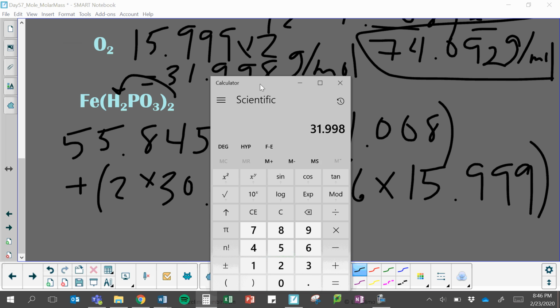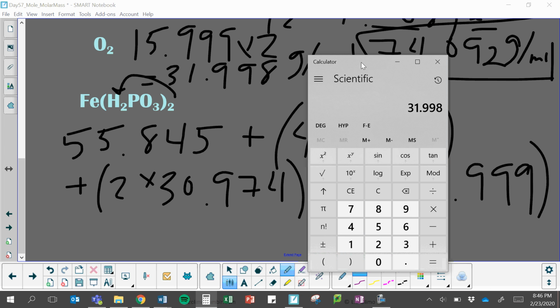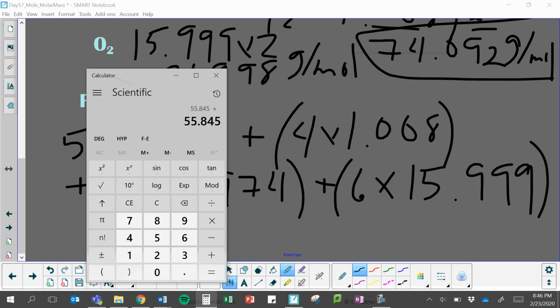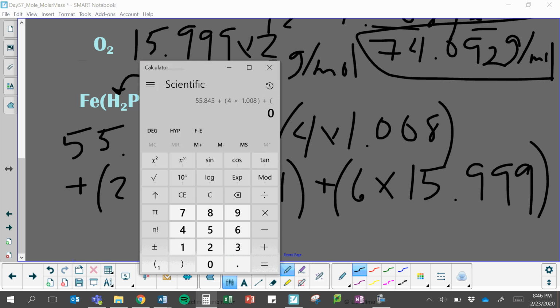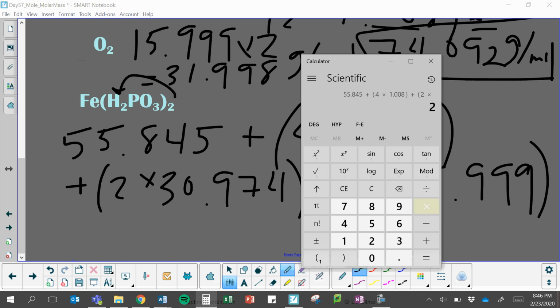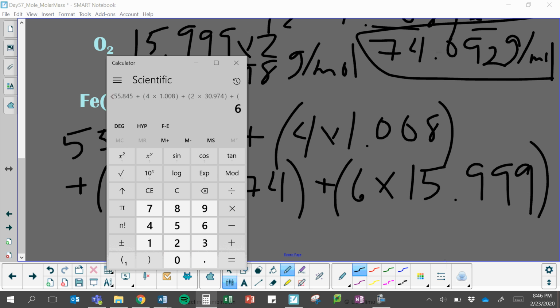Okay, and this time I'm going to show you with our parentheses, because I do actually have parentheses. So 55.845 plus, there we go, parentheses 4 times 1.008, close parentheses, plus 2 times our 30.974 plus 6 times our 15.999.